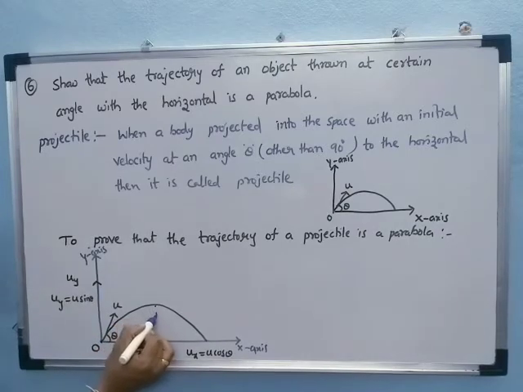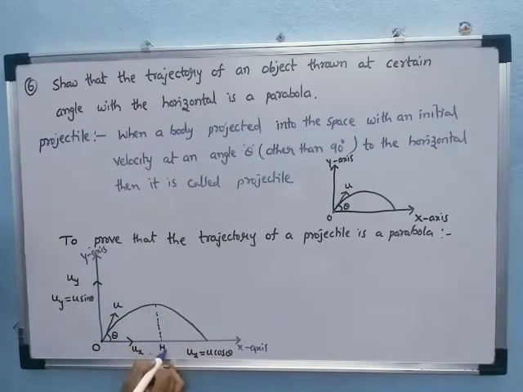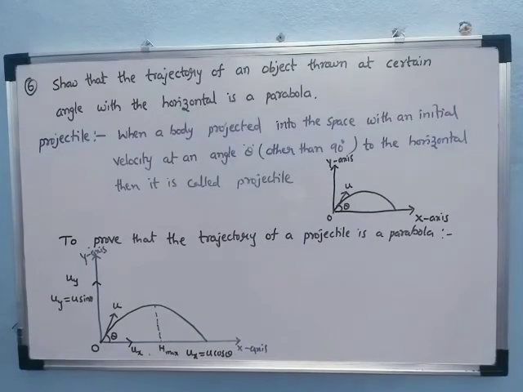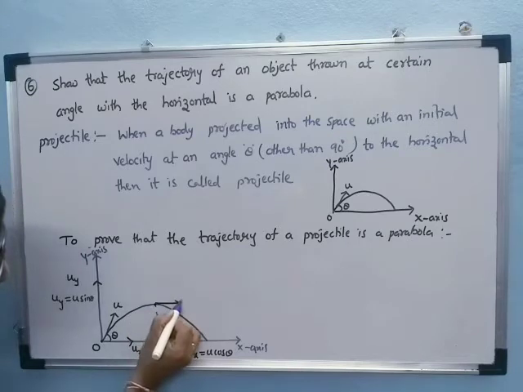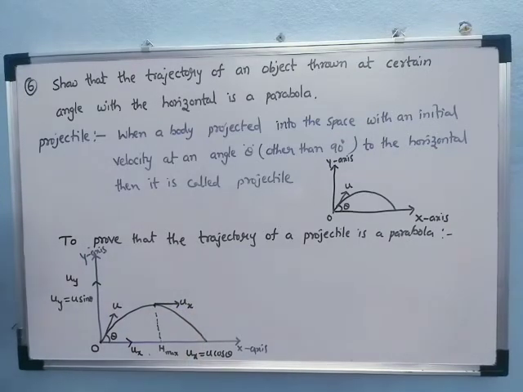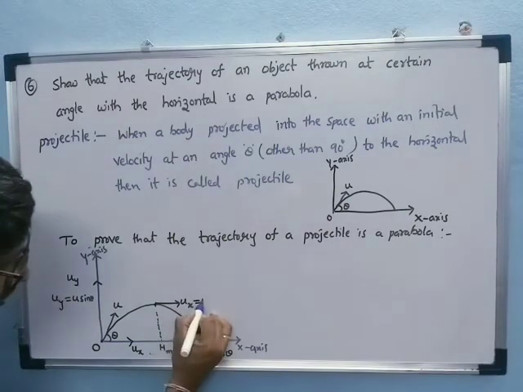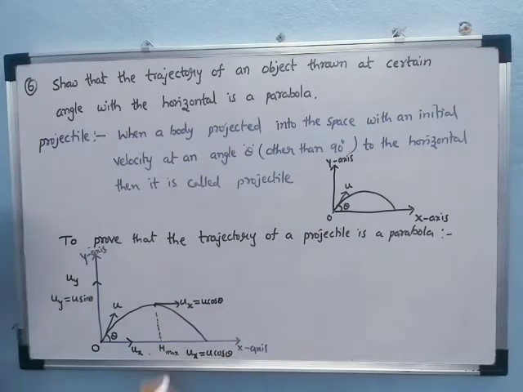When it reaches the maximum height, h max, the final vertical velocity becomes 0. But here, what is the velocity? Only the horizontal component is there, that is ux, equal to u cos theta.